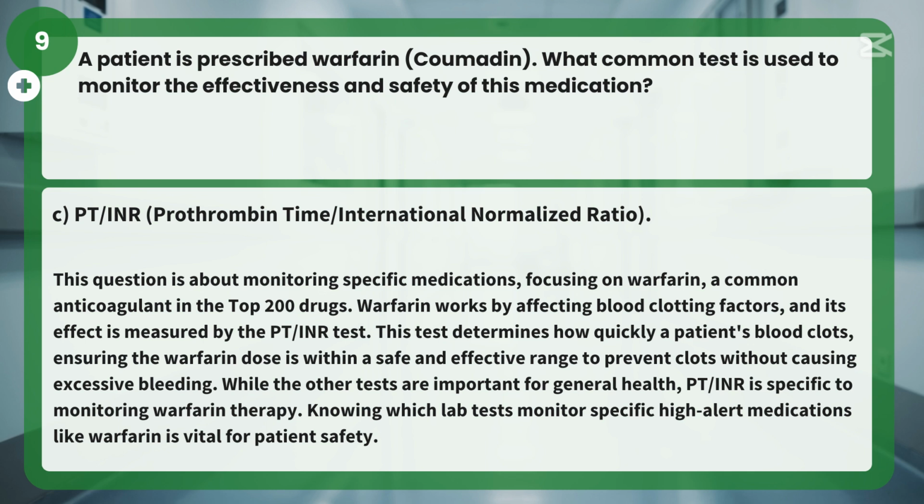This test determines how quickly a patient's blood clots, ensuring the warfarin dose is within a safe and effective range to prevent clots without causing excessive bleeding. While the other tests are important for general health, PT/INR is specific to monitoring warfarin therapy. Knowing which lab tests monitor specific high-alert medications like warfarin is vital for patient safety.